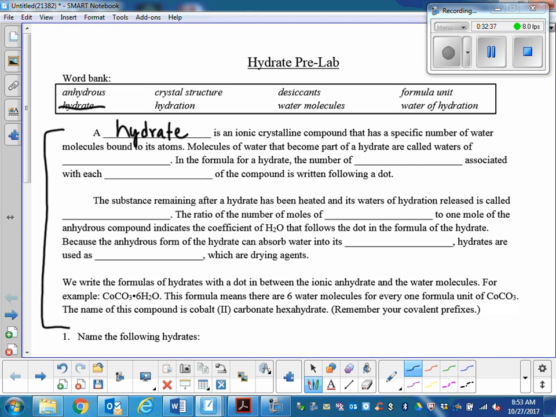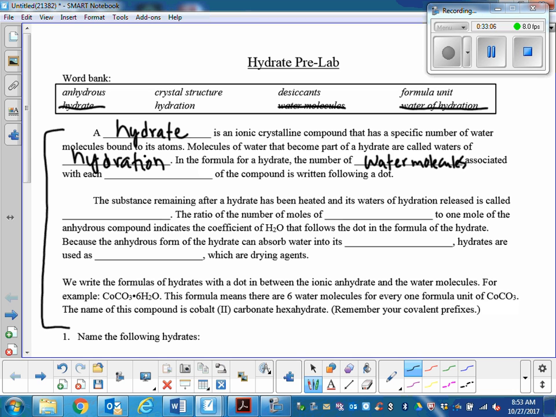They are called waters of hydration. In a formula for a hydrate, the number of water molecules associated with each, what do you think, Dylan?